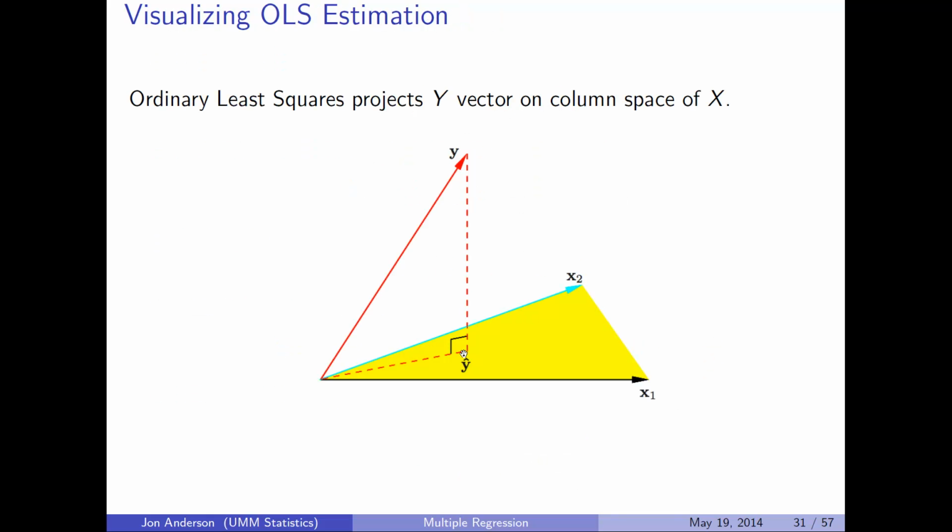And so that produces this estimated y vector. So we are trying to find the place in this yellow space that is as close as possible to this y vector. And the place that is the closest is right below it, the orthogonal vertical projection of that vector down onto this space. You can think about it as shining a flashlight on this pencil that's hanging out here in space, and the shadow down on this surface is the best we can do.